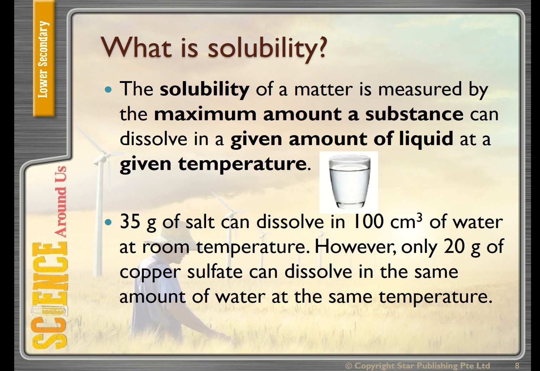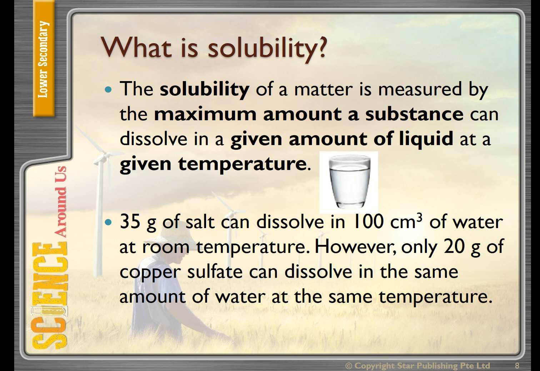So when we talk about solubility, that means how much of that substance can dissolve in water or any liquid, a specific amount of liquid at a specific temperature. Why do we need to talk about temperature?